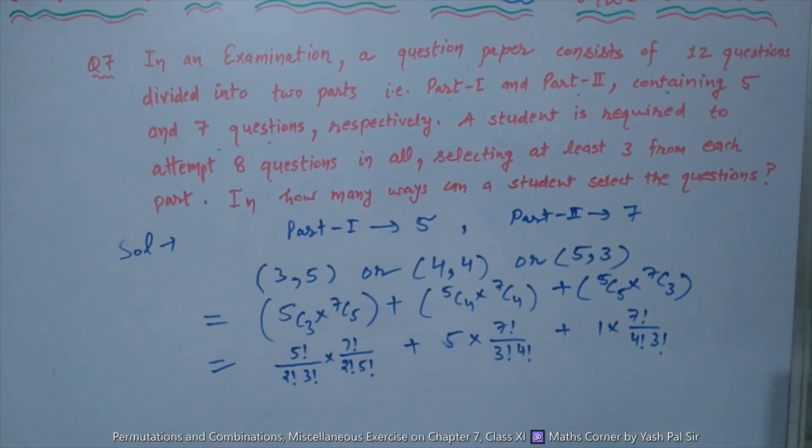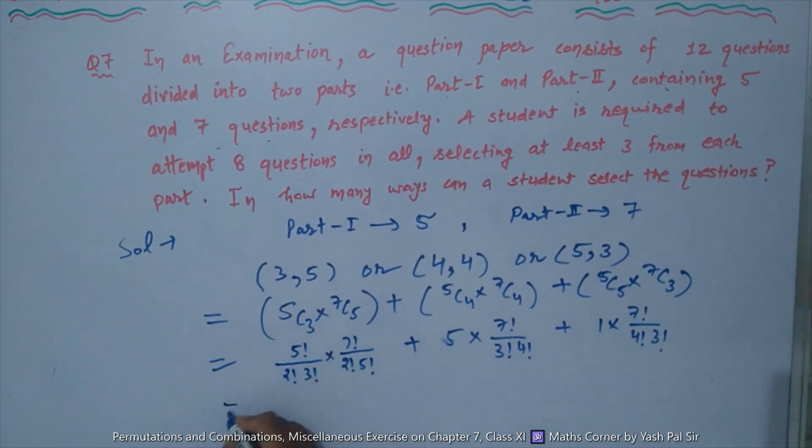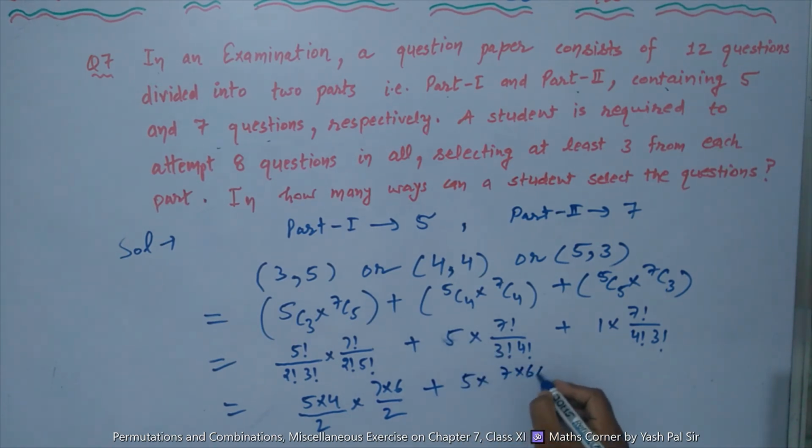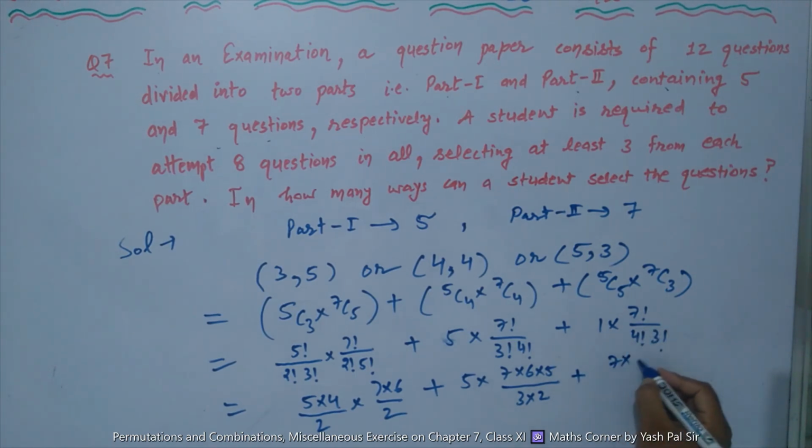So next we have this is equal to 5 into 4, 3 factorial cancelled, upon 2, into 7 into 6, 5 factorial cancel, upon 2, plus 5 into 7 into 6 into 5, 4 cancel 3 factorial, in mean 3 into 2, plus 7 into 6 into 5 upon 3 into 2.